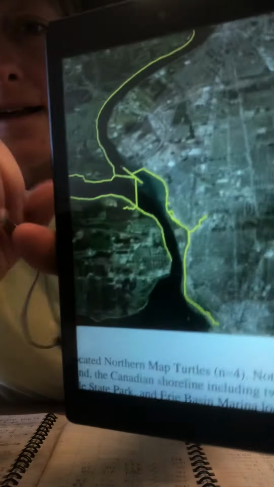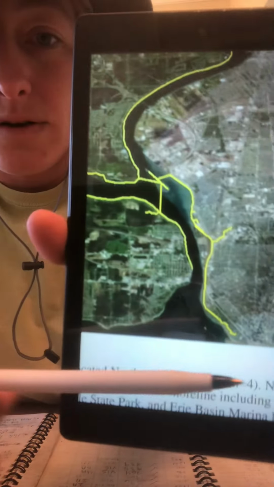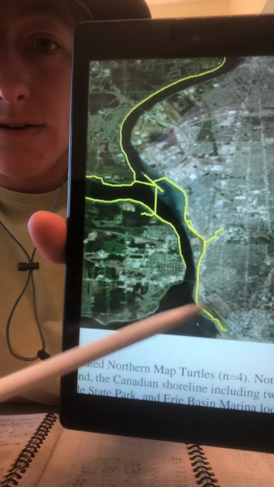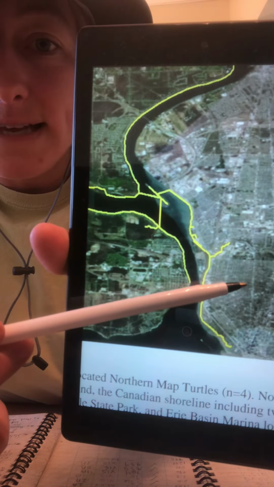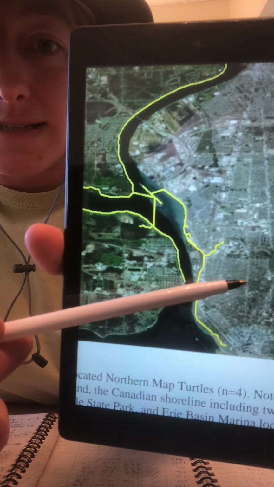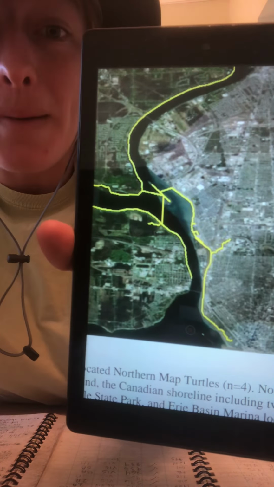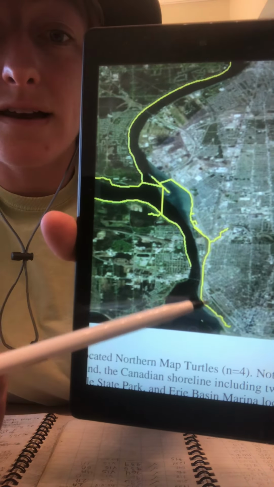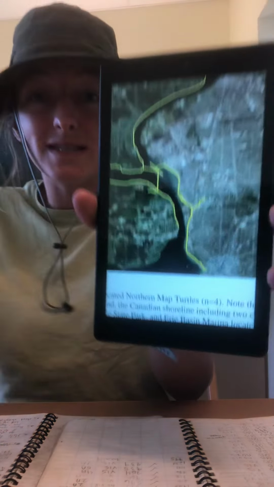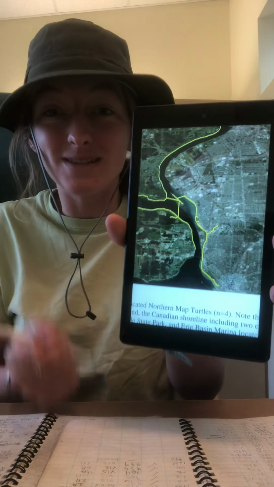So that last location that I just showed you is right here. You can see that yellow line stops right there. Now, I said that those were the furthest locations south in the river, but animals are able to use this Black Rock Canal opportunistically when the lock is open.